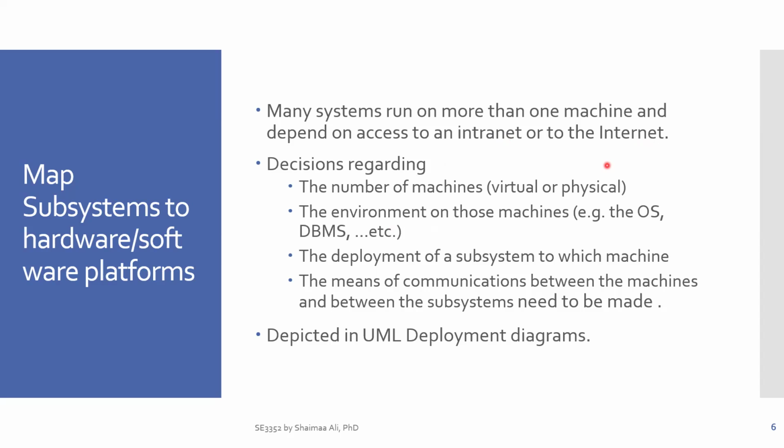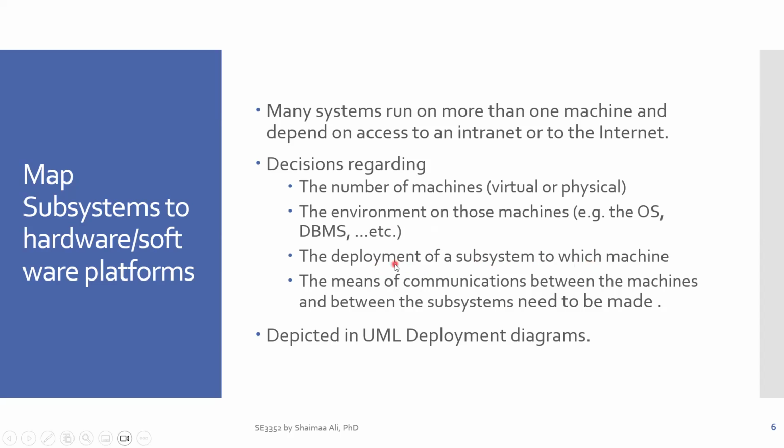So the decisions related to that would include the number of machines. Now, we're talking about machines, either physical or virtual machines. The environment on those machines, including the operating system, the type of database management system, and so on, the environment that is running on the machine, and the deployment of the subsystem to which machine.